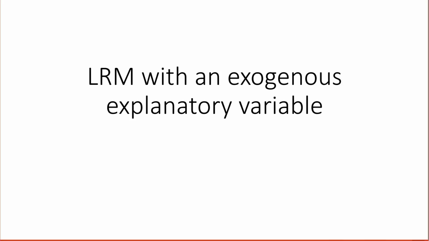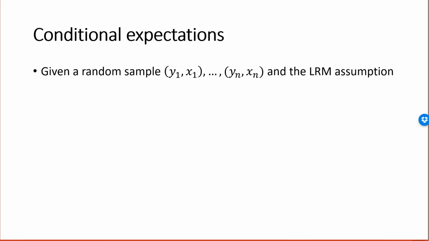So the linear regression model assumed that the relationship between yi and xi was as follows. Yi is partly determined by a linear function of x and partly determined by the error term epsilon i.